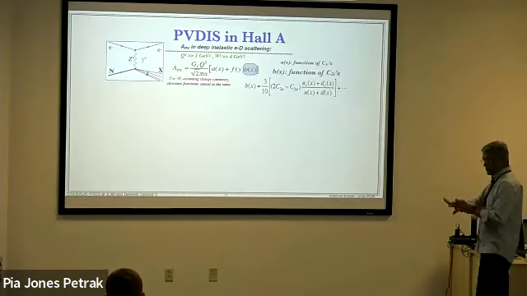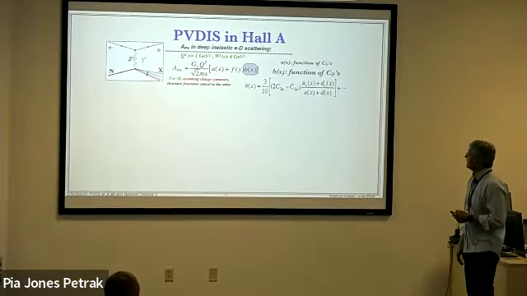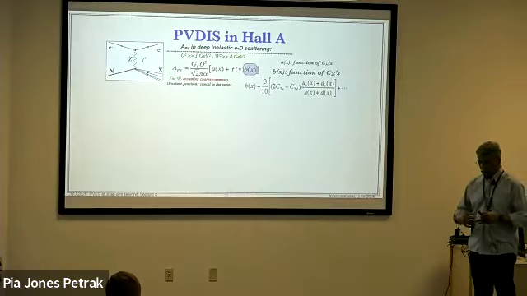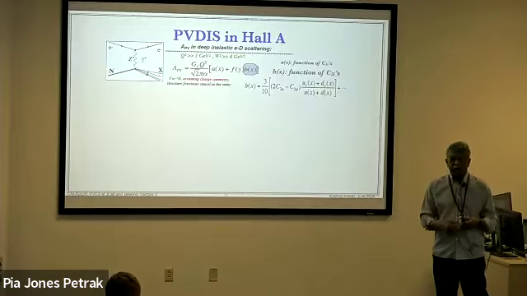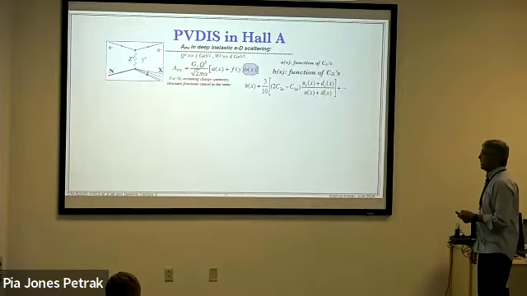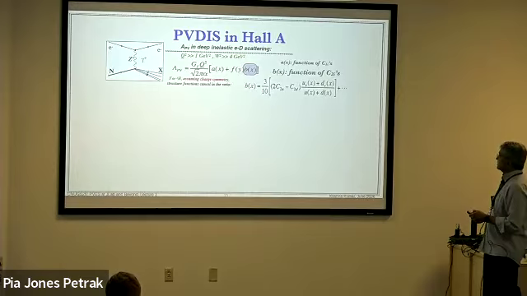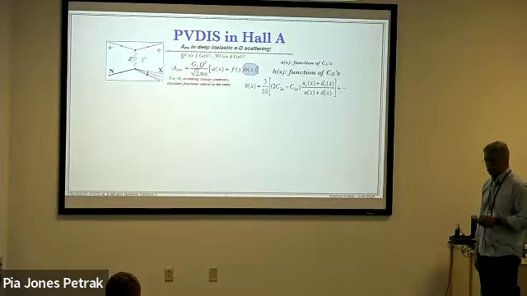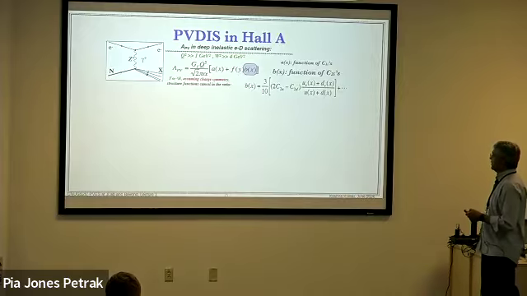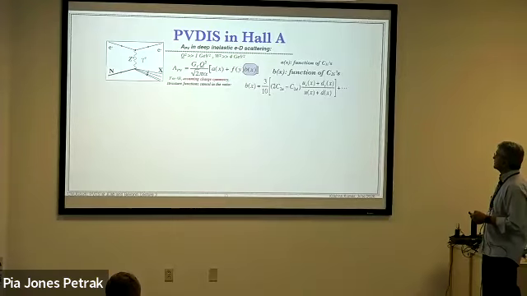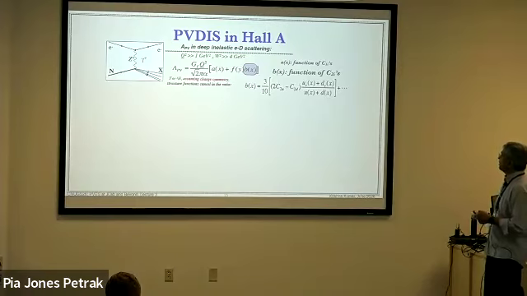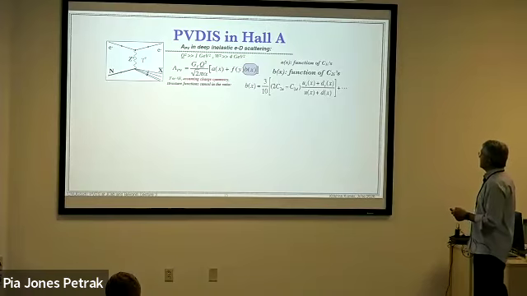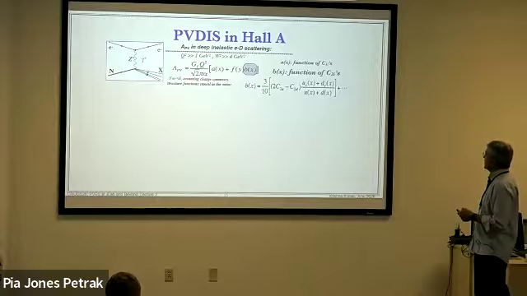And then PVDIS was an experiment in Hall A, parity violating deep inelastic scattering. And the idea here is if you use a deuterium target, just like the SLAC E122 experiment, you are able now to describe the asymmetry. You always get this G Fermi Q squared over alpha in all these formulas, but then you have an A of X, now in terms of Bjorken X, plus a kinematic term in terms of Y times B of X. And the key thing is that DIS gets you to the B of X, which gets you this combination C2U minus C2D.